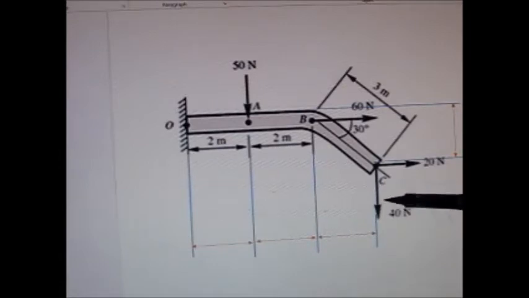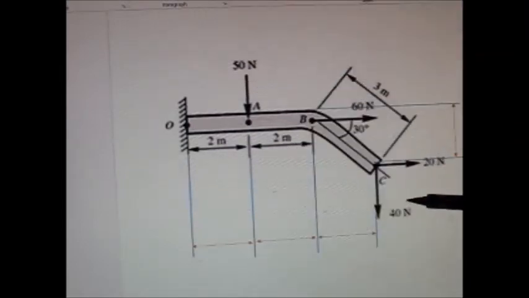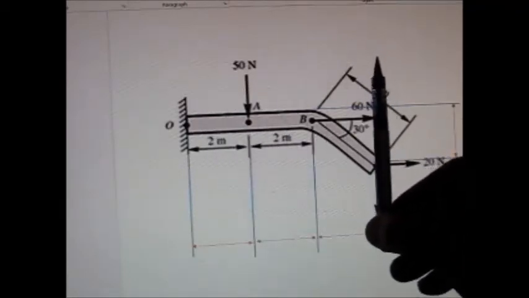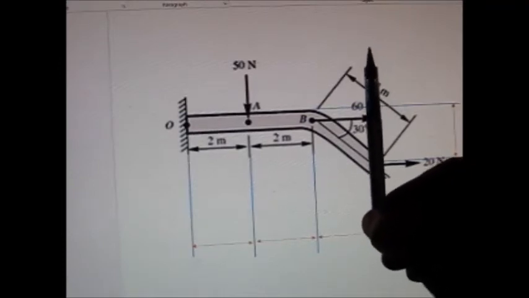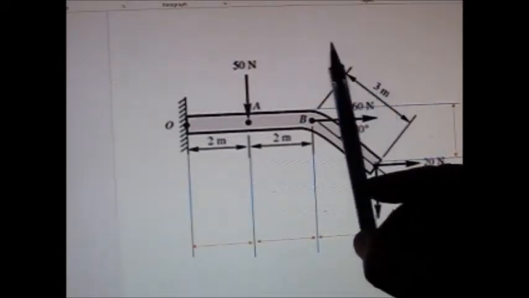Now look at the force 40. The force 40 is rotating in the same direction as the force 50, so clockwise. So negative as well. And what is the distance? It is the perpendicular from the point to the direction of the force. This is the direction of the force. My pen, this is the direction of the force.